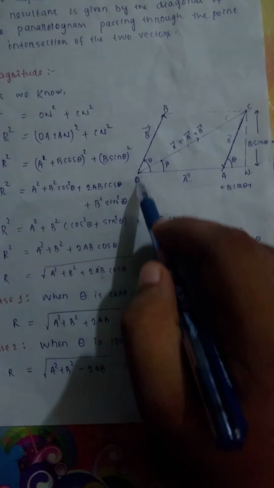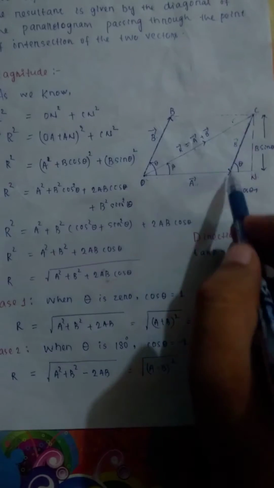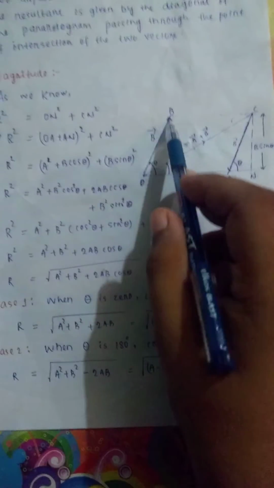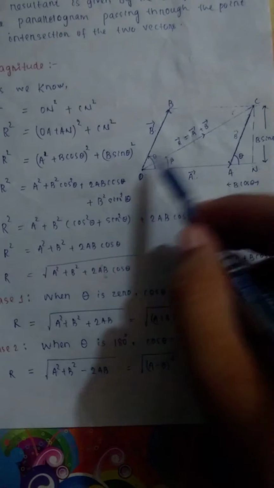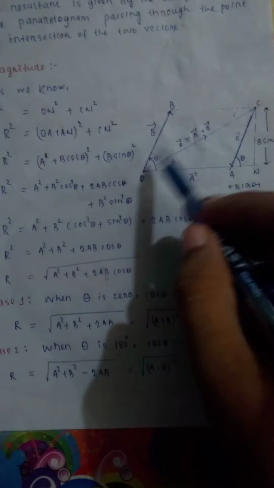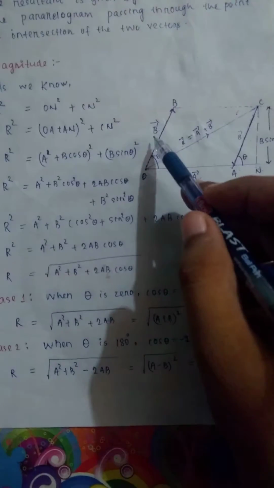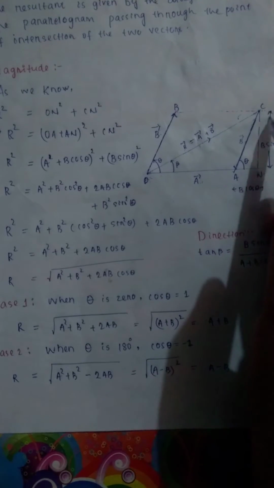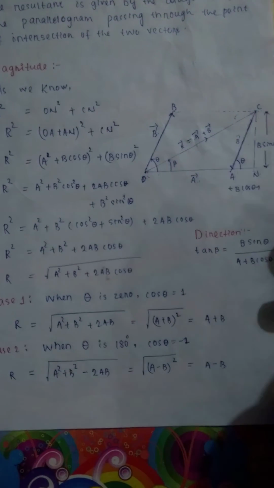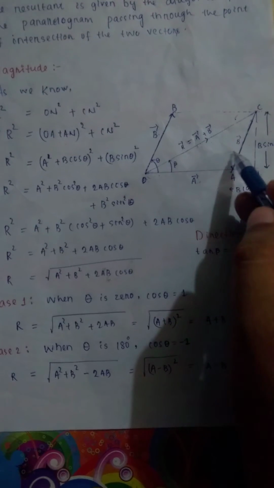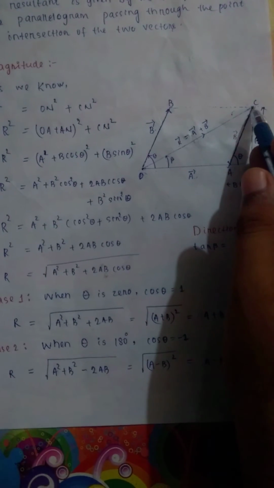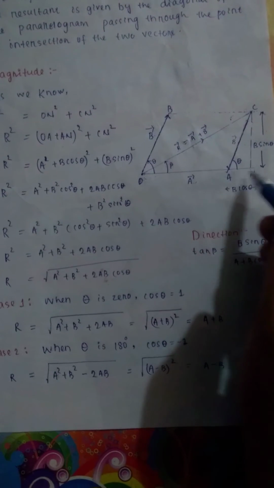We know that as this is a parallelogram OACB, OB is parallel to AC and they have the same length. So if OB represents the vector B, then AC also represents the vector B. And we have resolved this vector into its orthogonal components.